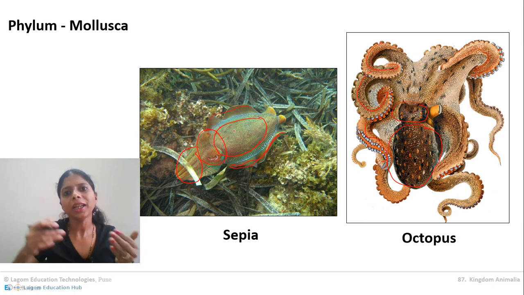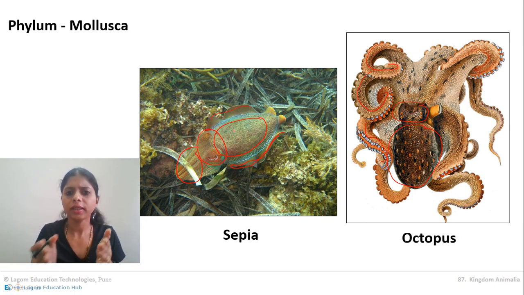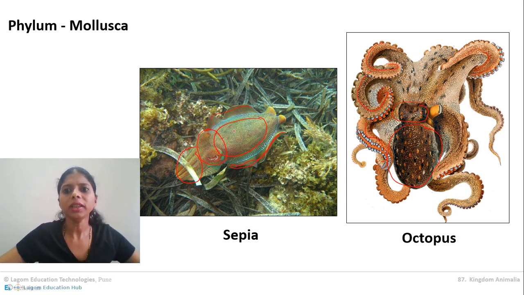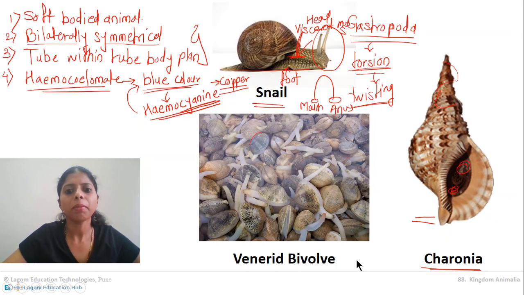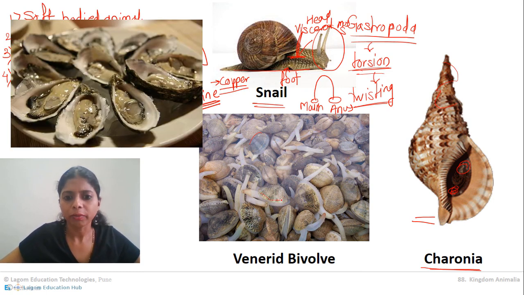A little bit outside the visceral mass, it has one cavity. In these animals it is difficult to locate that cavity, but in bivalves it can be easily seen. Just outside the visceral mass there is a cavity called mantle.